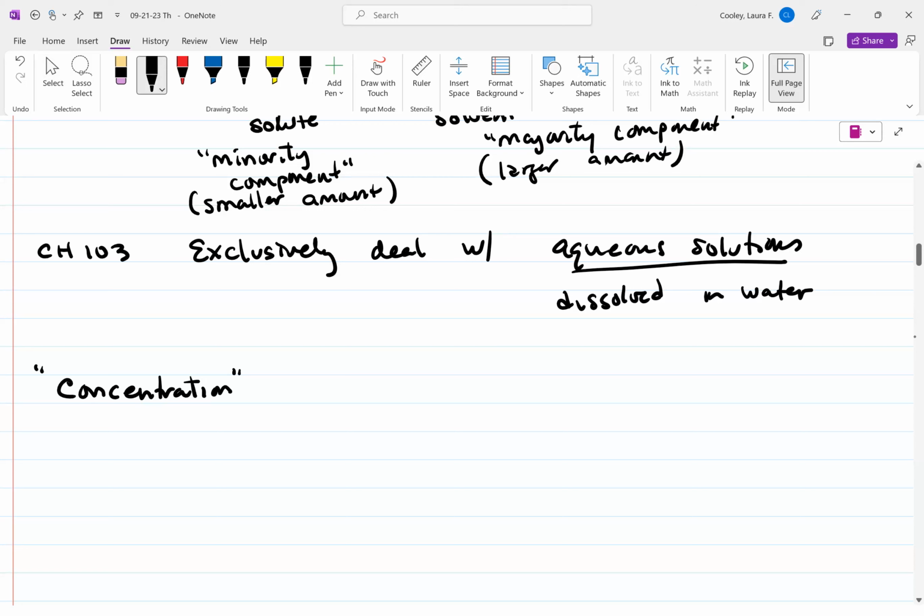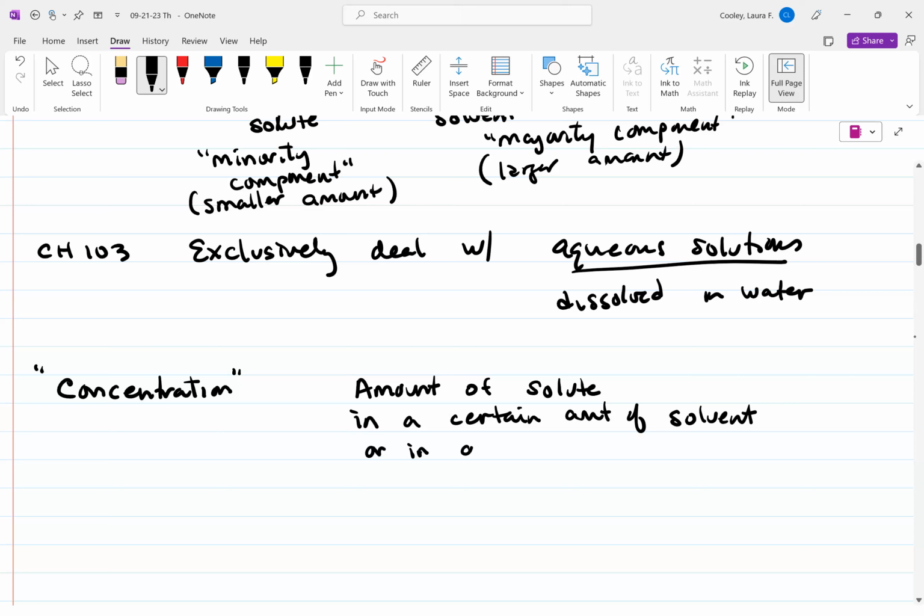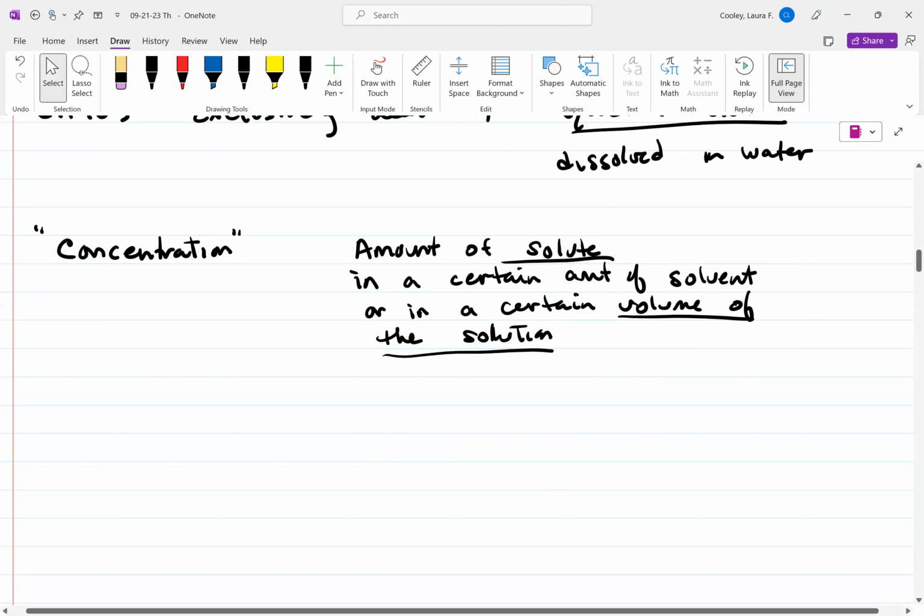So the concentration refers to the amount of solute in a certain amount of solvent, or in a certain volume of the solution. And that's what we are talking about today.